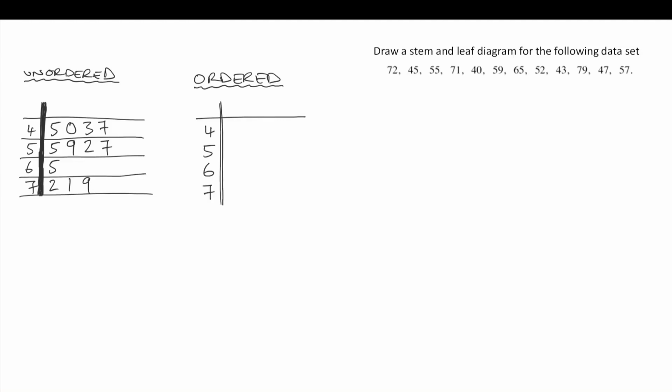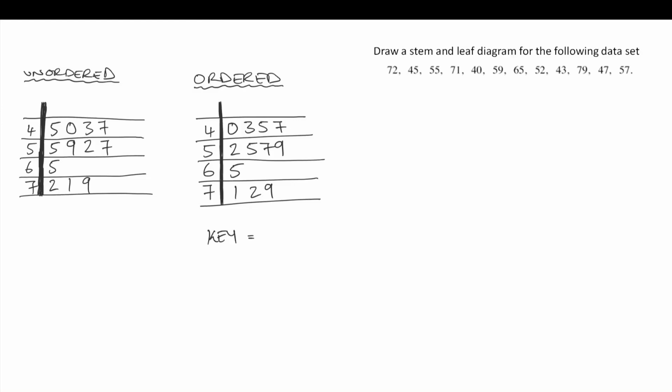So now I'm going to do my ordered stem and leaf diagram. So the top row, 0357, 2579, 129. Very quickly ordering that stem and leaf diagram and avoiding any errors.